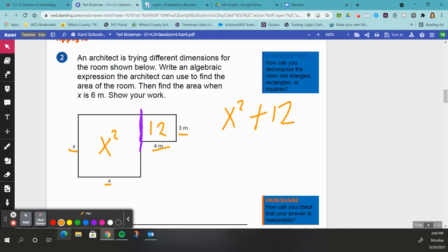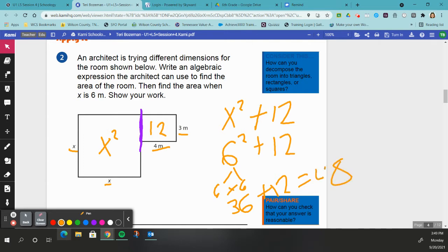The problem does tell us that it wants us to find the area if x equals 6. So 6 squared plus 12. This is 6 times 6. 6 times 6 is 36. Then we want to add 12. And that gives us 48. And this is meters squared because we are talking about area.